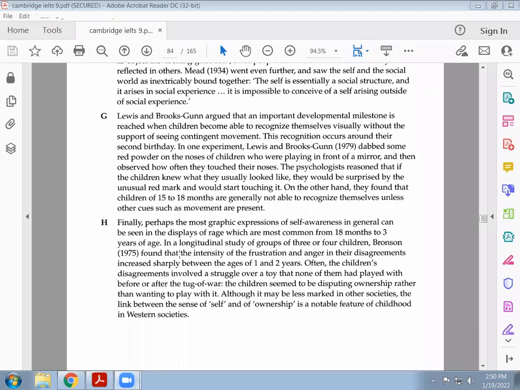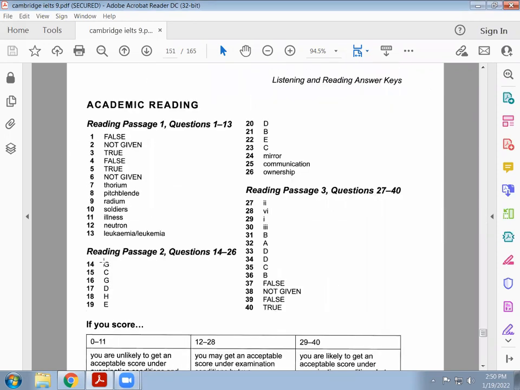Now let's check this answer from the answer key. Question number 14. Now see, question number 14, the right answer is G.